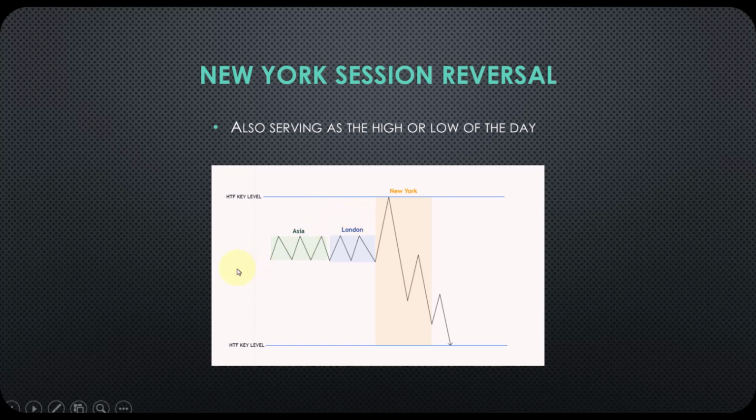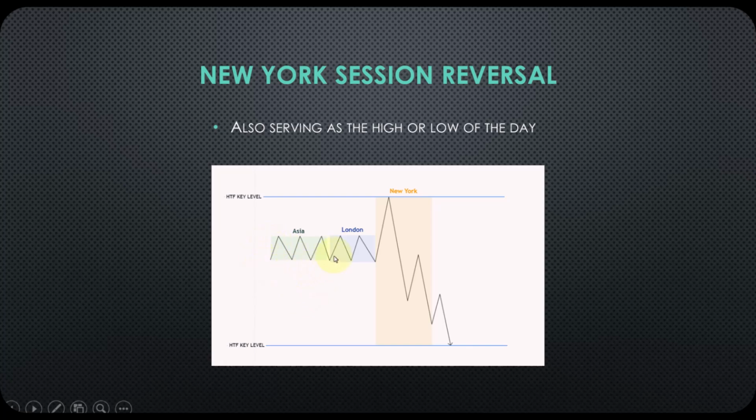You can see clearly that during these examples, the Asia and then the London sessions come with a consolidation. This mostly occurs where there is going to be high impact news during the New York 8:30 opening price. Mostly, there is a lot of high impact news that occurs at those times.